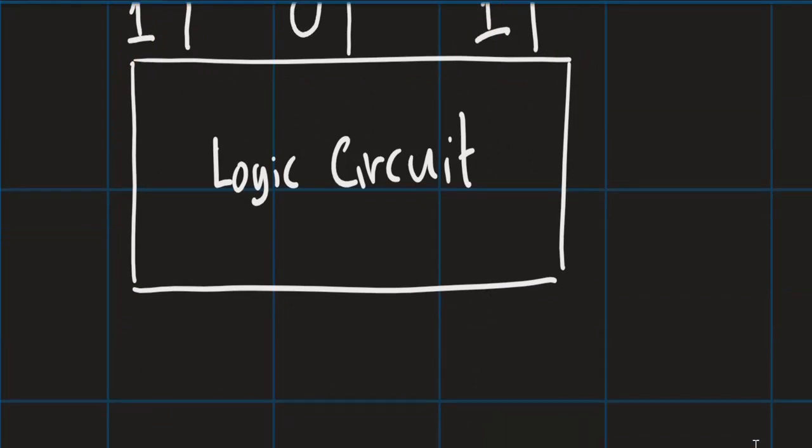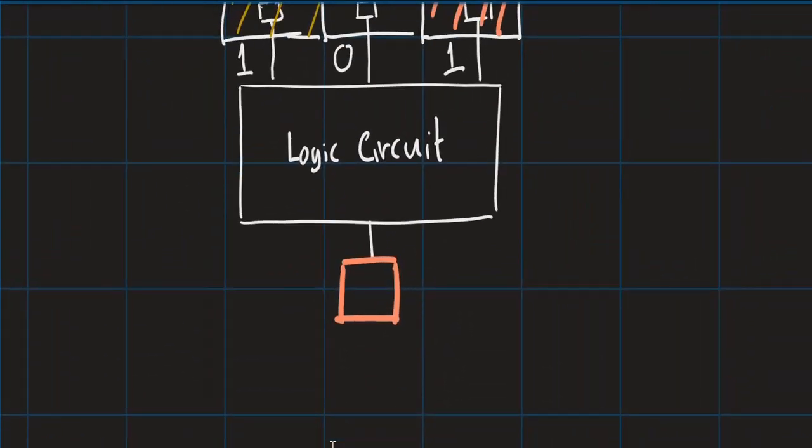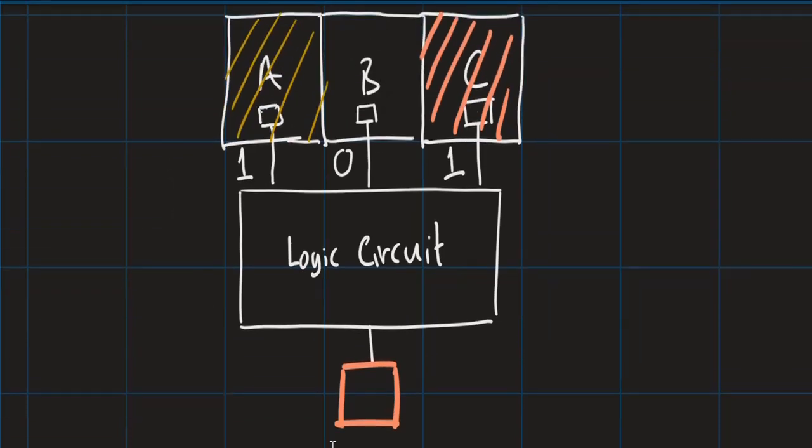And this circuit will have only one output. This output is either a 0 or a 1. In this case, I have 1 in here, so they are not sitting adjacent to each other. So in this case, the output here will be 0, so the alarm will not sound off.